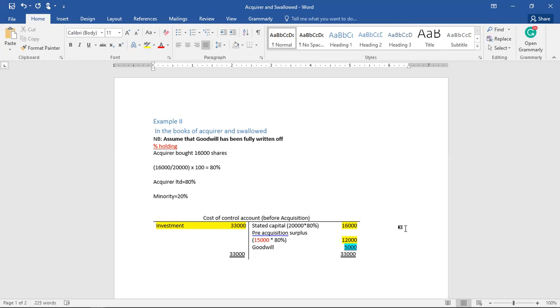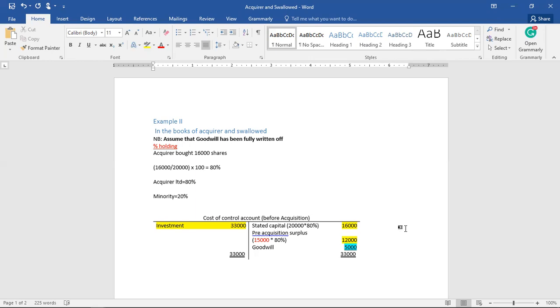acquirer and swallowed have the following profit and losses for the year ended 31st December. And you have the income statement there. You also have the income surplus account over there, which I think is not different from what you have in the assignment.